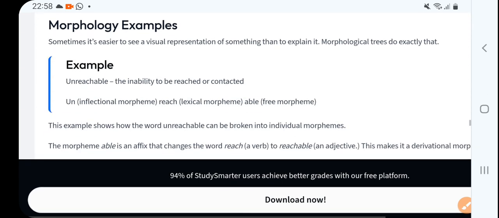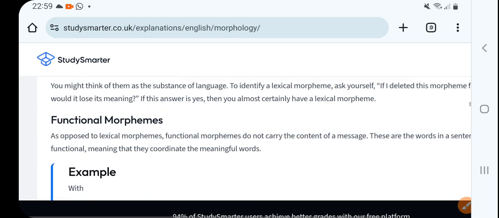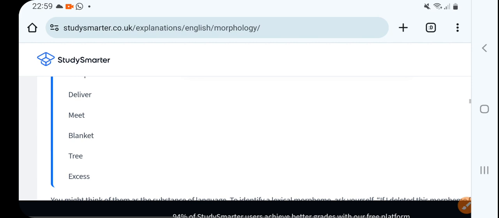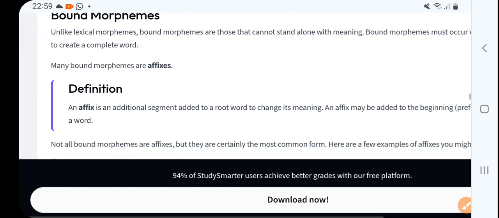Okay, now morphology example. So these are the different morphemes we have discussed: free morphemes and bound morphemes. Free morphemes are divided into two categories: lexical morpheme and functional morpheme, right?